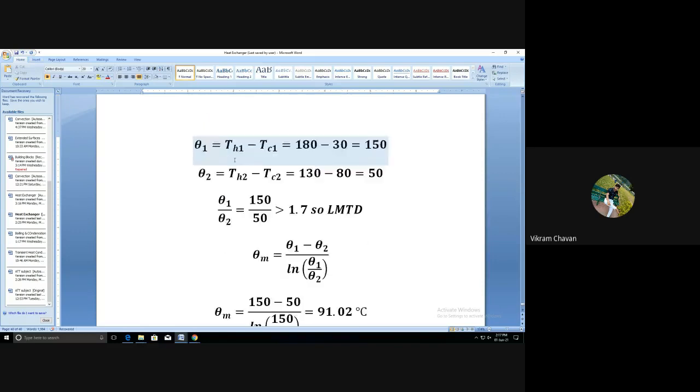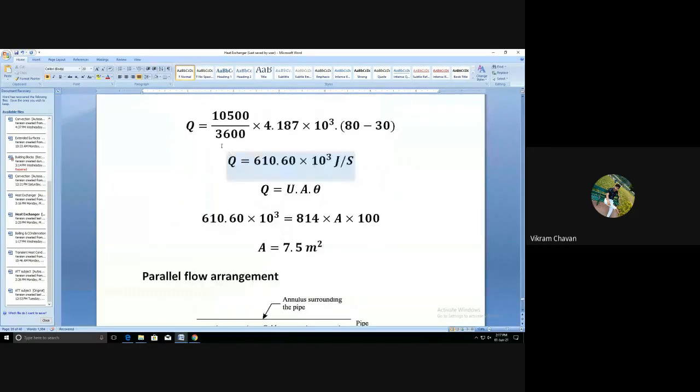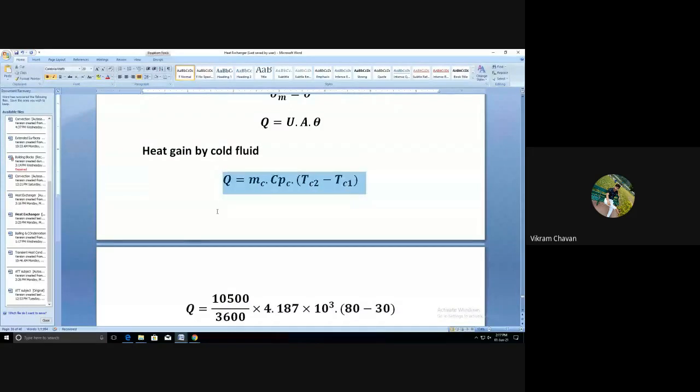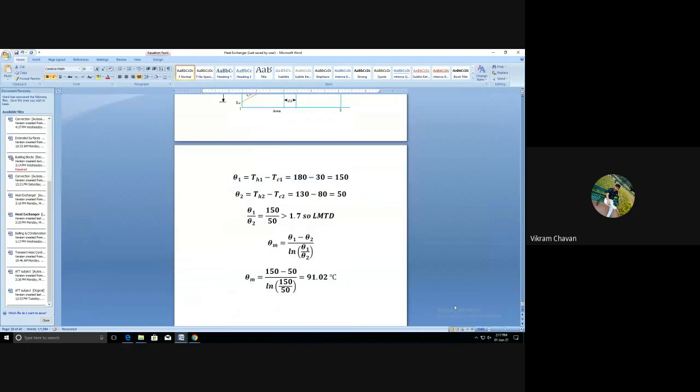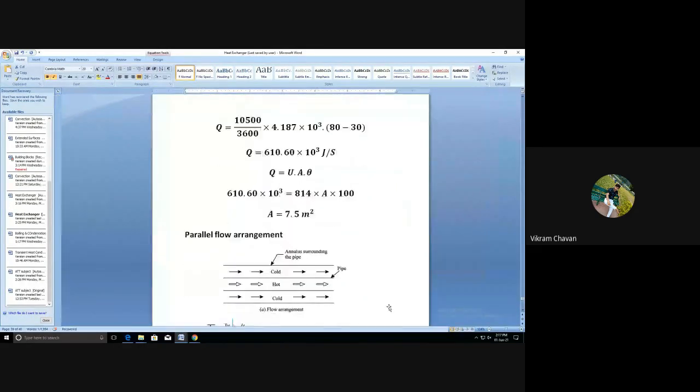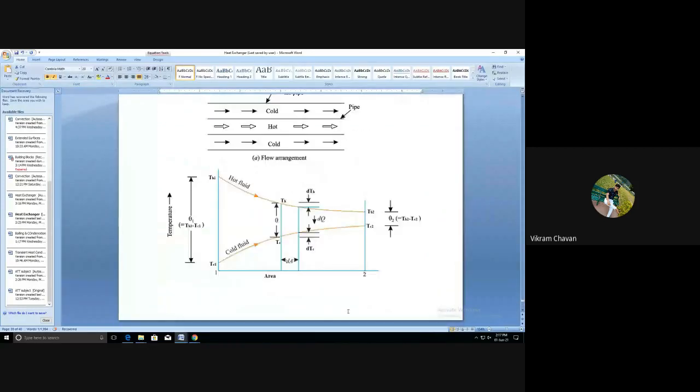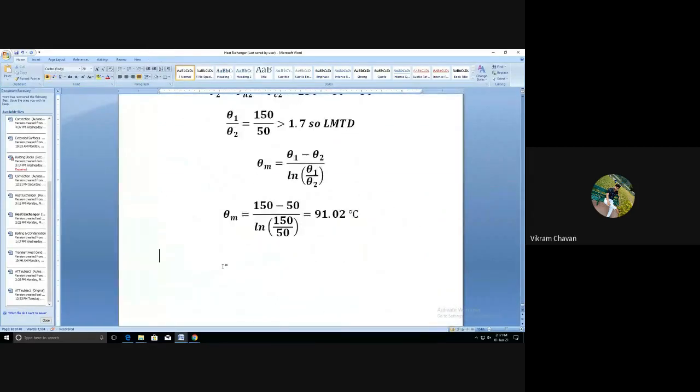So once again we have to consider Q is equal to U multiplied by A multiplied by theta m. Here theta m is there, not theta. Put in the values and find out A. Q we have already calculated: 610.60 into 10 raised to 3.